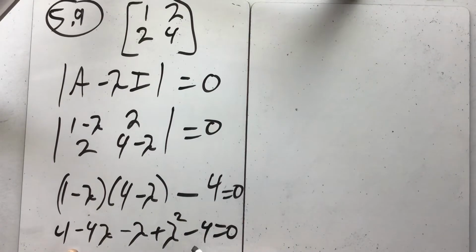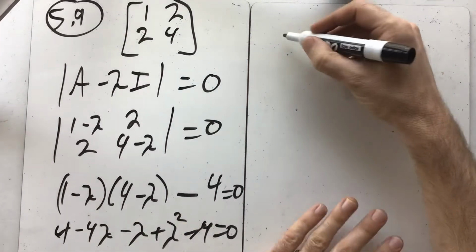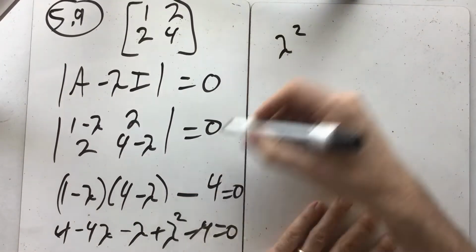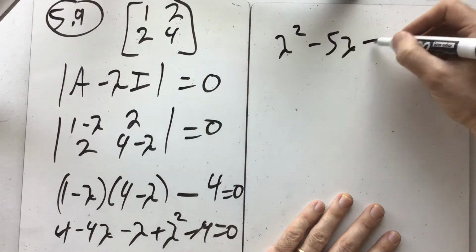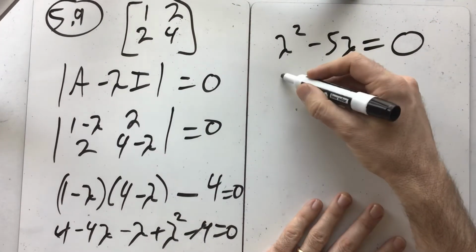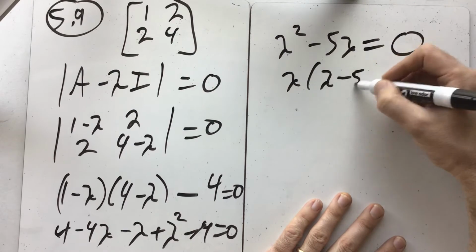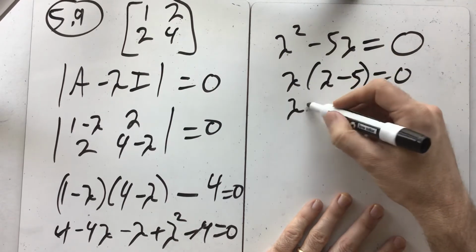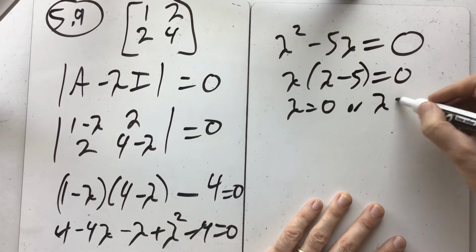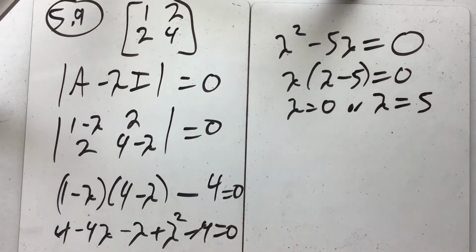And if you look, oh hey, those cancel, and I got lambda squared minus 5 lambda equals 0. Lambda times lambda minus 5 equals 0, and so either lambda equals 0 or lambda equals 5. So those were the two options that we get.